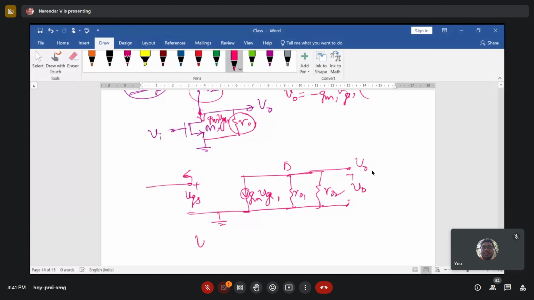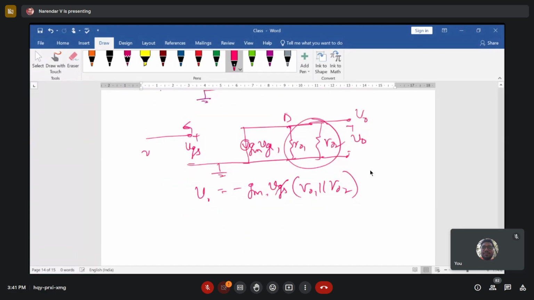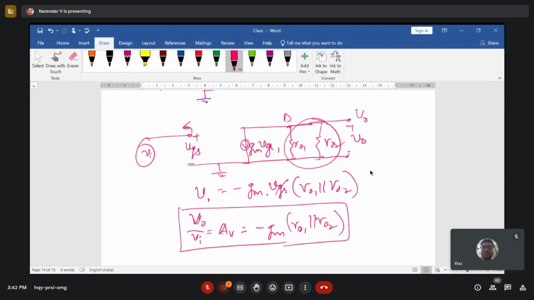You can write Vout equal to minus gm1 VGS1, and these two are in parallel, so r01 parallel with r02, right? Now VGS is equivalent to Vin, which you apply here. So Vout by Vin, which is the gain Av, is minus gm times r01 parallel with r02. This is the gain of your amplifier.